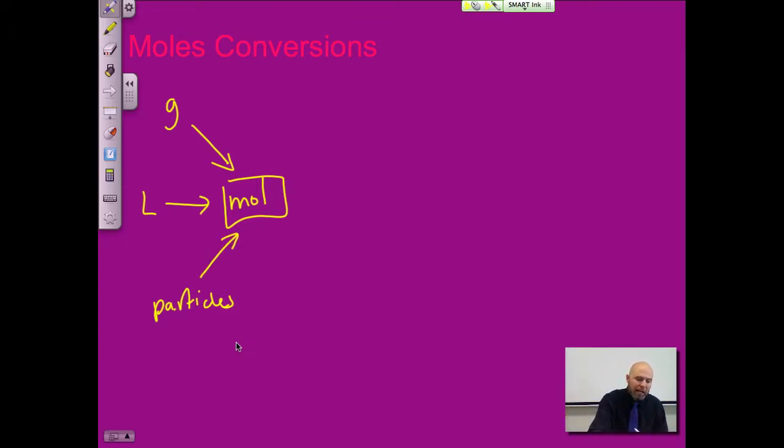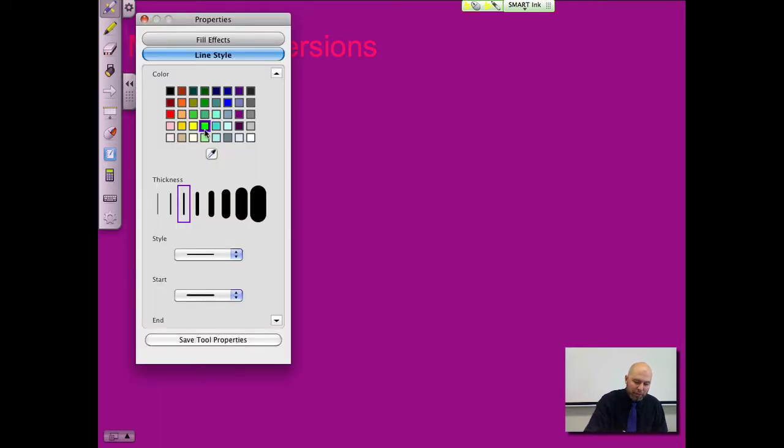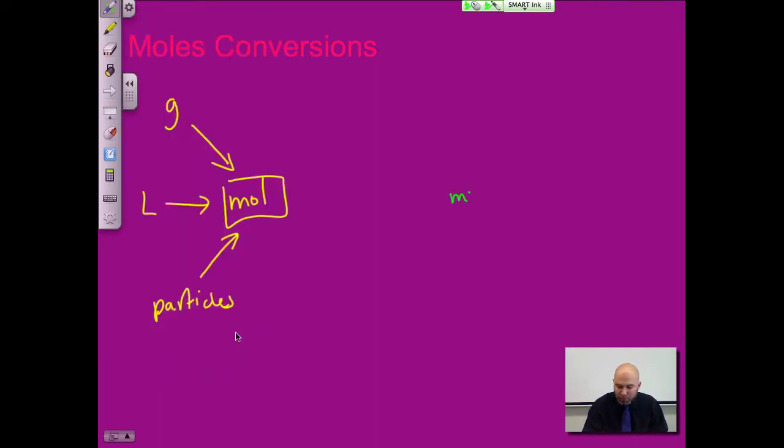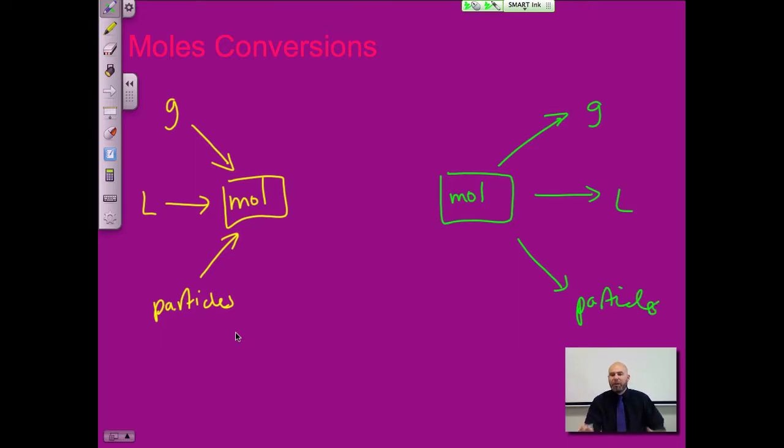We also should be able to go from moles to grams, liters, and particles. I just showed the little flow chart with the arrows going both directions, but obviously it's the same thing. We can go from grams to moles, and we can go from moles to grams. It's just depending on which conversion factor we would use, okay?